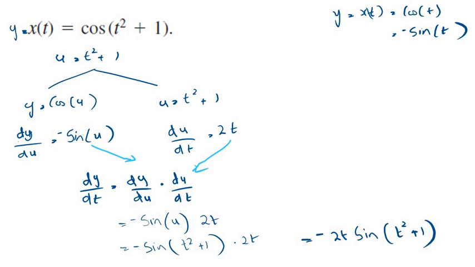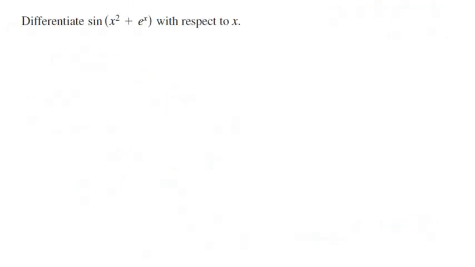Let's do another example. In this question we see that y is equal to sine(x squared plus e to the power x), and we are asked to find the derivative with respect to x. So we are asked to find dy over dx.